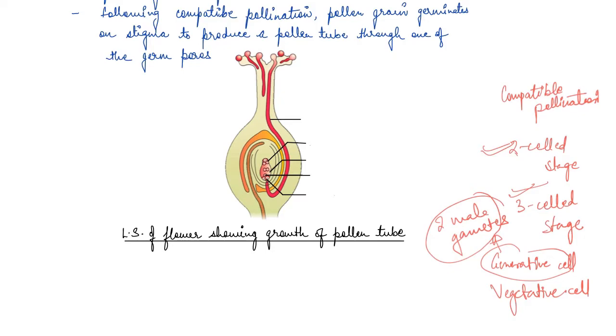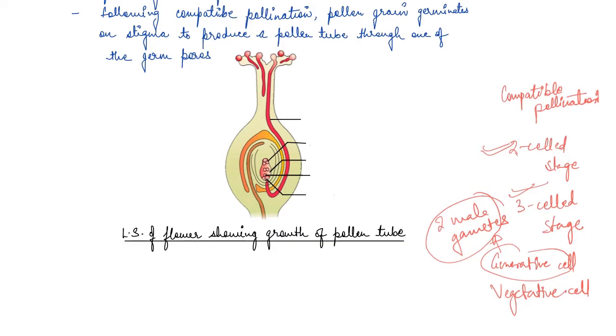We also studied the structure of the entire egg apparatus, the structure of the entire embryo sac. We studied where exactly in the synergid the filiform apparatus is, and that it guides the pollen tube when it enters inside the synergids, right? So basically, the synergids guide the entry of the pollen tube.